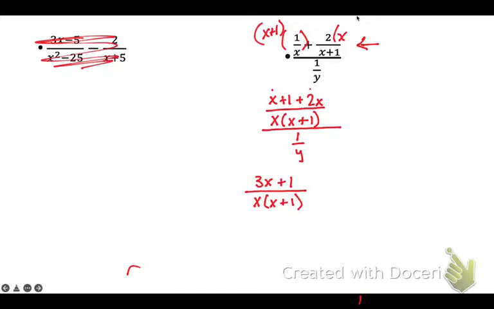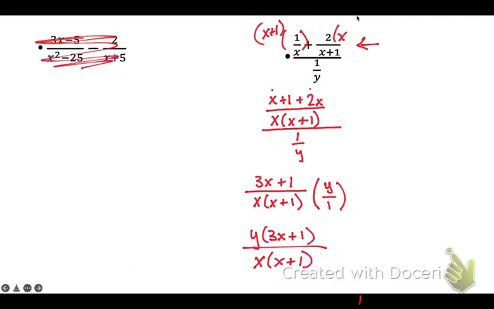And it's going to be times what? Not 1 over y. Y over 1. We have to reciprocate it. Okay, so I'm just going to have y times 3x plus 1 over x times x plus 1. And there's my answer.